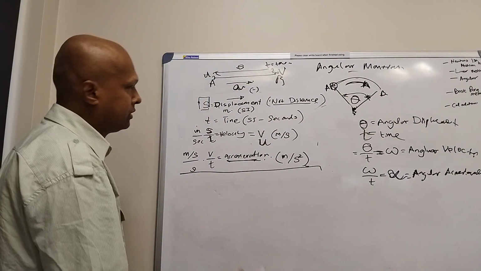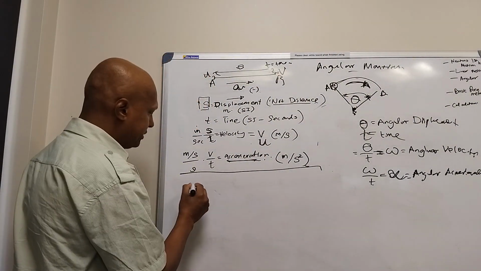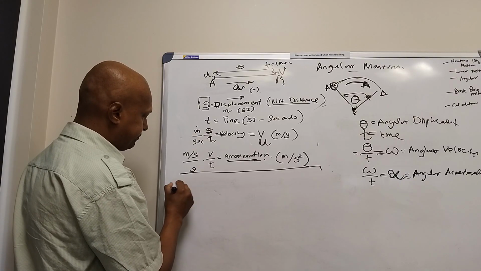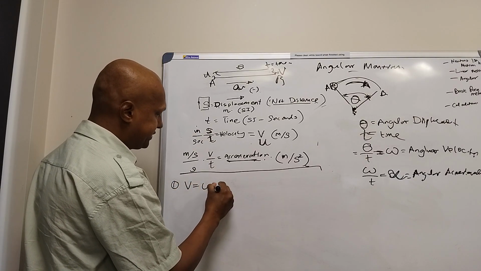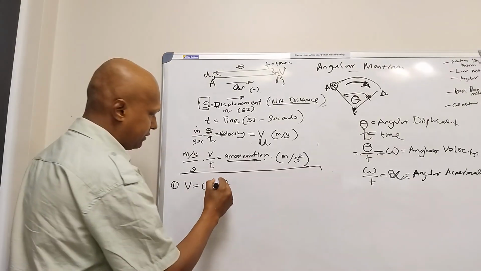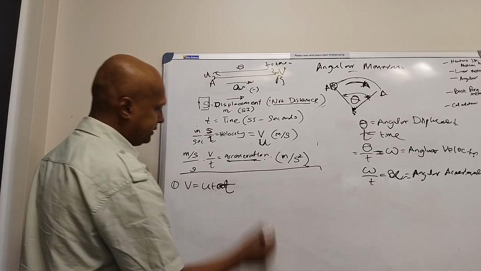For linear motion, the first equation is V equals U plus at.